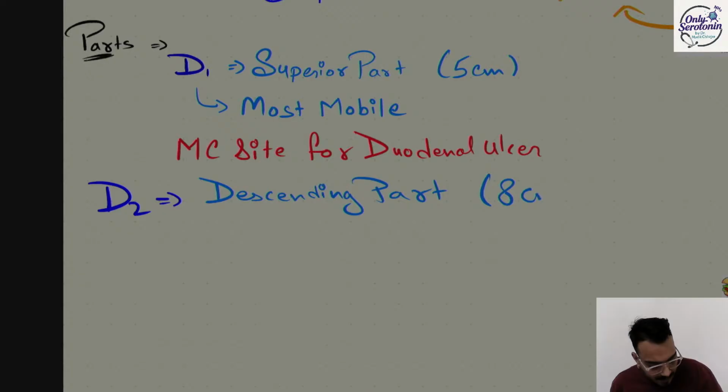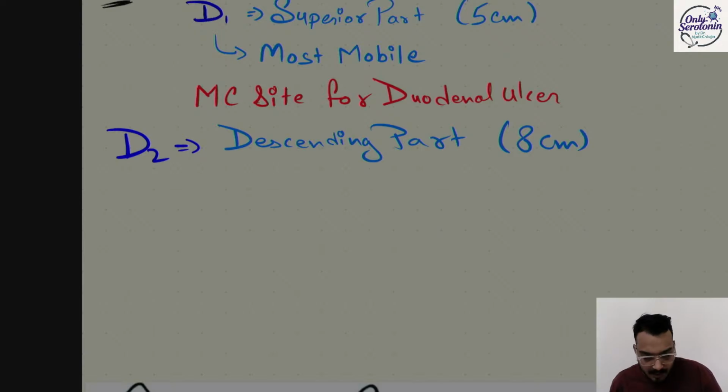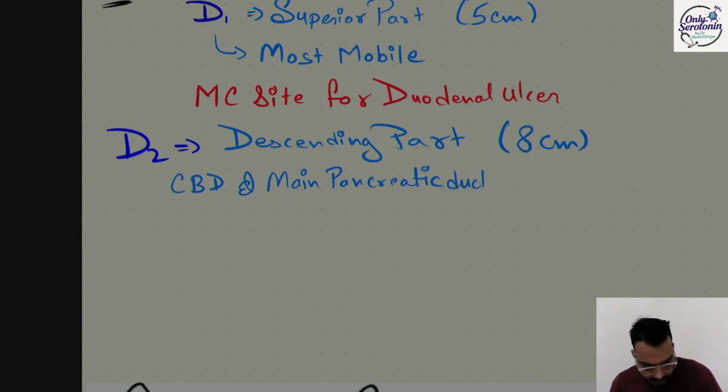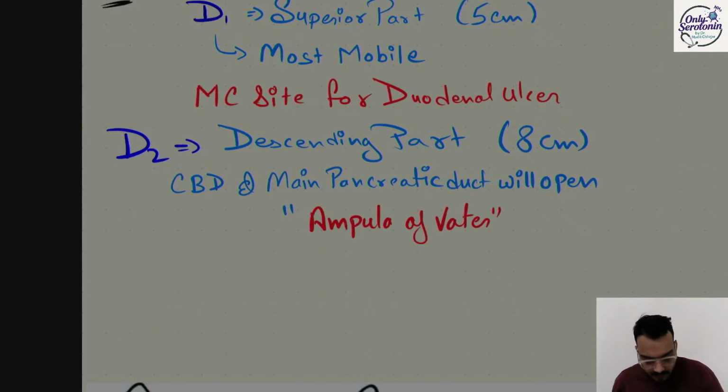The length is around 8 centimeters, and in this part your common bile duct and main pancreatic duct, they both are going to open at the level of ampulla of Vater, right?